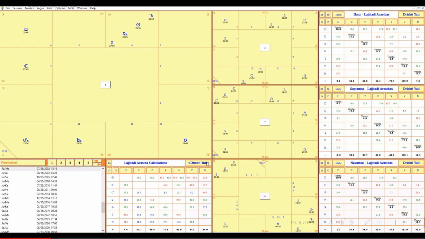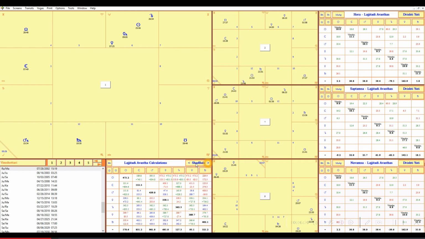A little more advanced, we can click on this arrow here and scroll over to Shadbala. Now what we've done is start with the Shadbala of every planet, and in the black, that's the planet's Shadbala value, just as you would see in the Shadbala tables. So that's its strength. And every planet has a minimum amount it needs to do its job and be happy at the end of the day.